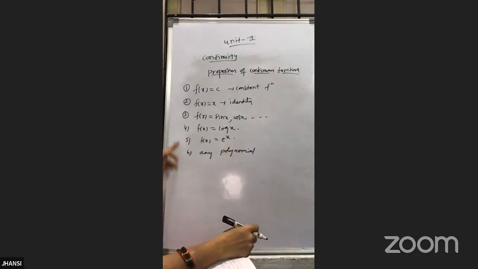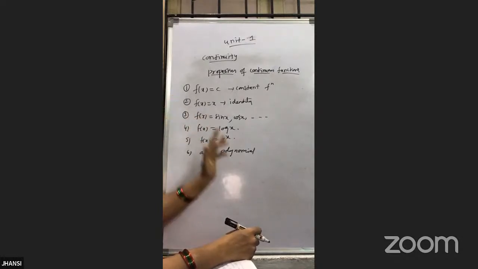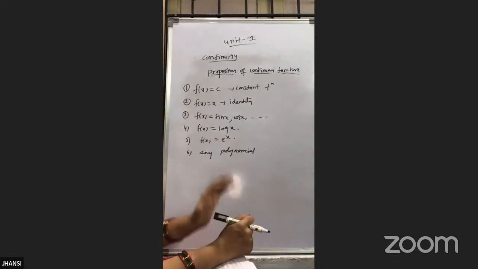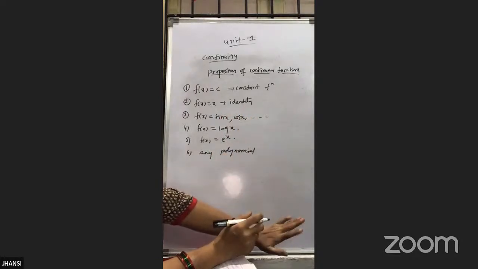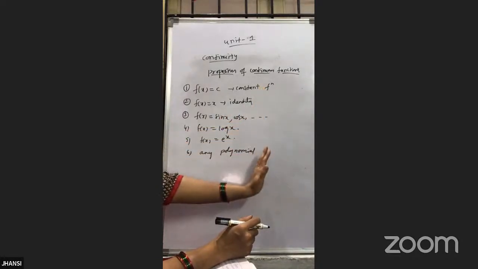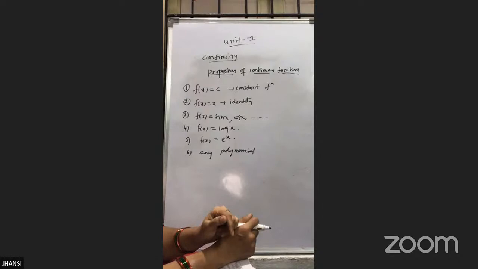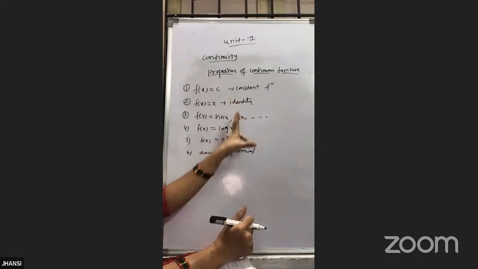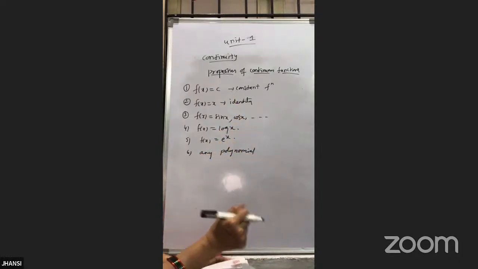These 6 types of functions are always continuous functions. And even when you go to the second unit, differentiation, these 6 functions are always differentiable also. So if you remember this, you will get any objective type question on this.